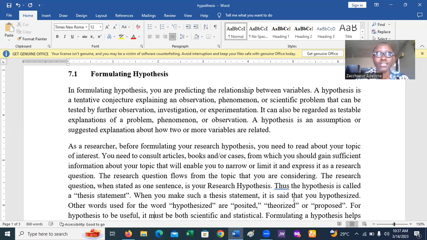All right. Now, for the hypothesis to be useful, it must be scientific and statistical, like we said. Scientific method is what is acceptable in research. You don't just merely look at a group of data and then make a conclusion. The conclusion has to be based on the scientific method and statistical analysis.